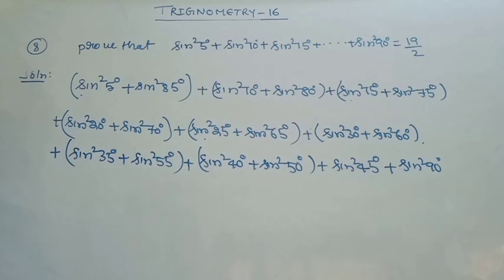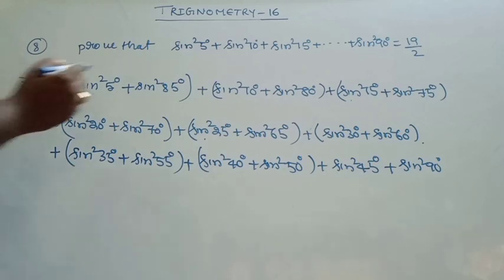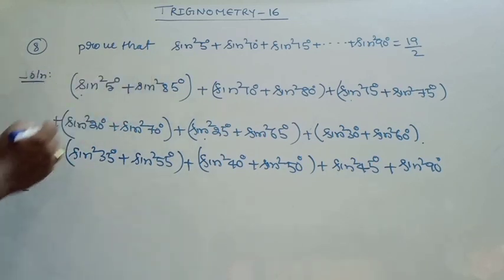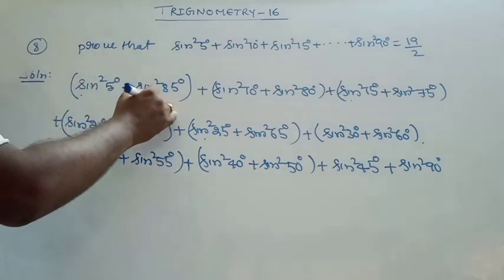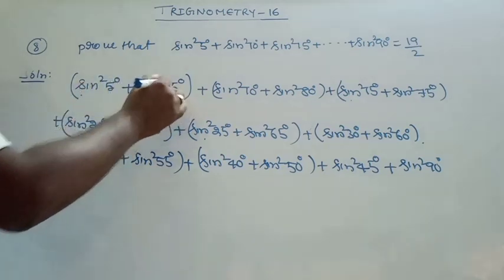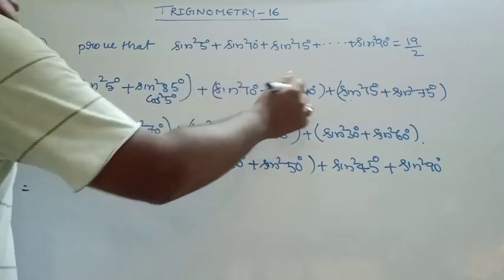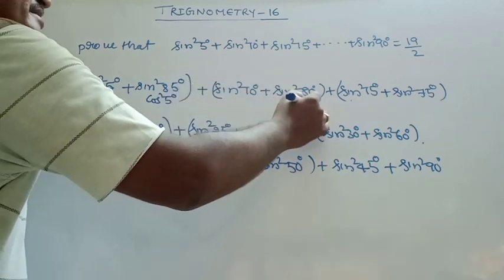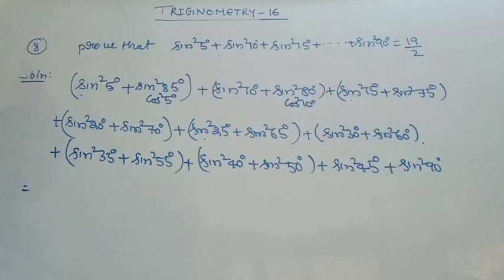I told you already, my dear student, sin² 85° is nothing but cos² 5°, because I already explained it to you. Now sin² 80° is nothing but cos² 10°.